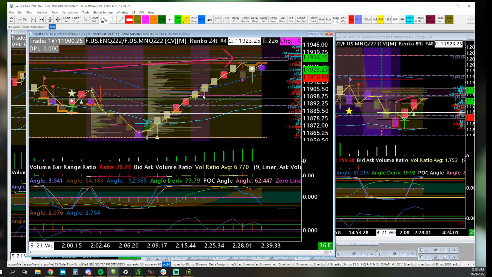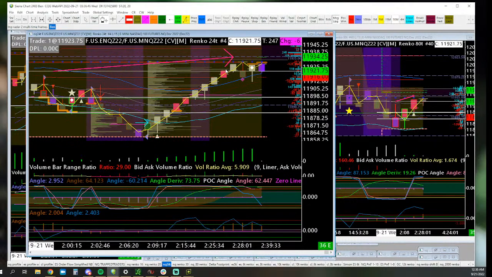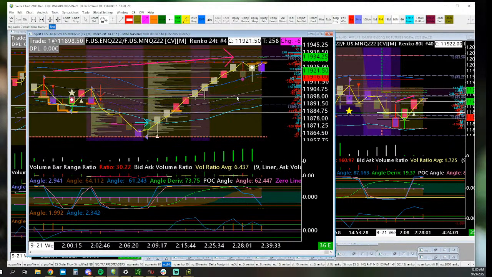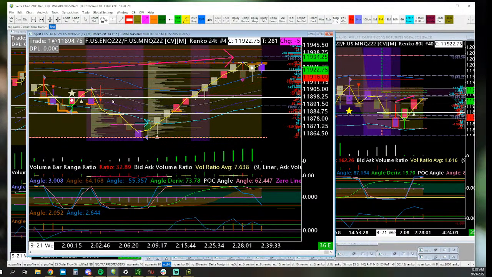I can't quite see it, but it looks like it ends here, and this one clearly comes all the way out. I don't know if you can see that. But to me, that looks like the volume point of control here. I don't know. Call me crazy. I can't quite see. Maybe it does go a little further. Oh, right here. This bar here might have had a spike. There's not really a delta spike there, and it's not at resistance.